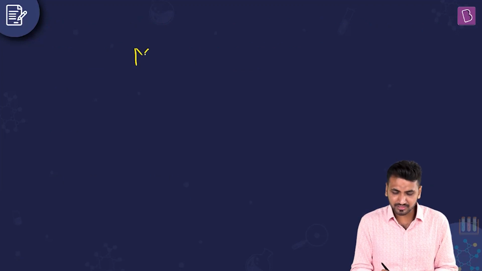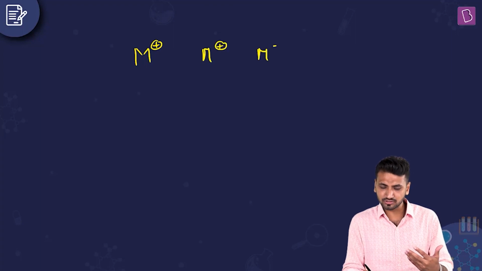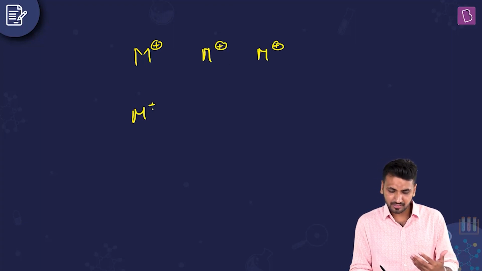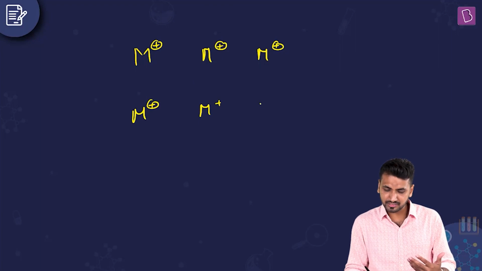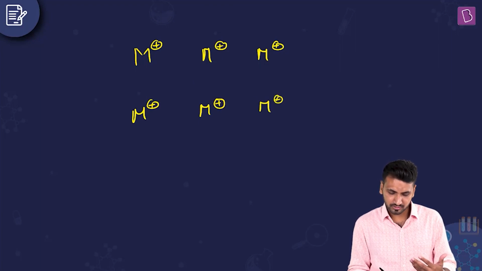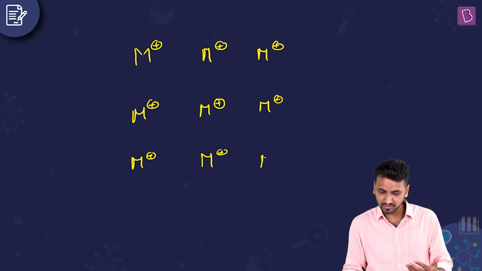What generally happens in a metal crystal, the metal tends to lose the valence electrons, and the metals are present in the form of kernels inside the lattice at lattice points, right?